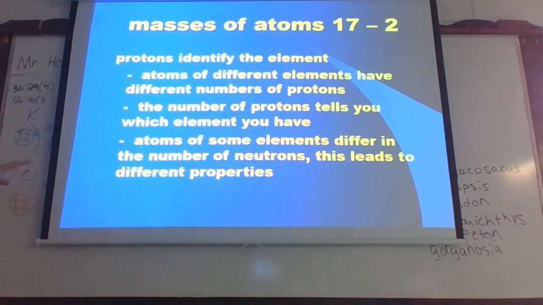So for element potassium up here, we said P equals 19 because there are 19 protons. Then how did we get 20 neutrons? The mass number is 39. So 39 minus 19 gives you 20. So that's calculating neutrons. Are we good with that?